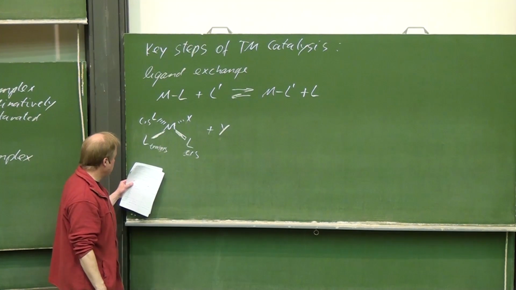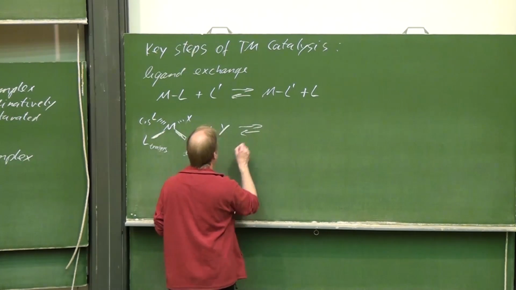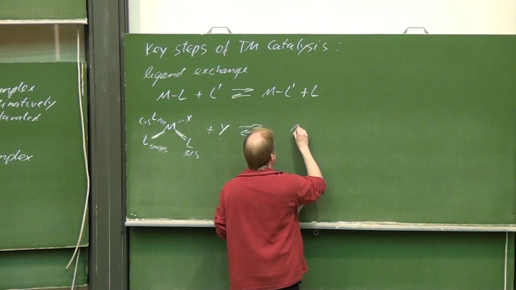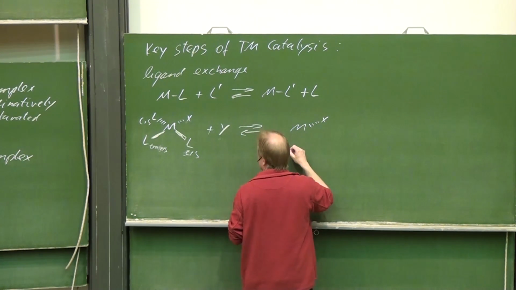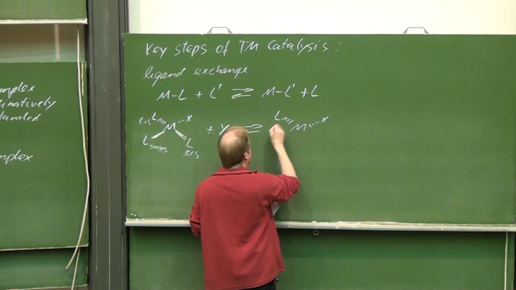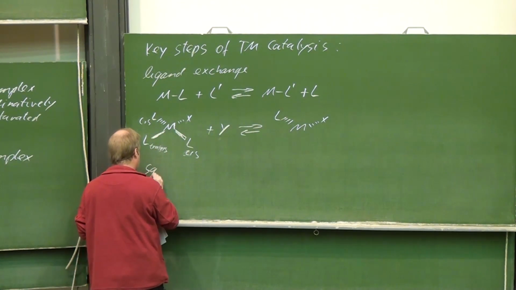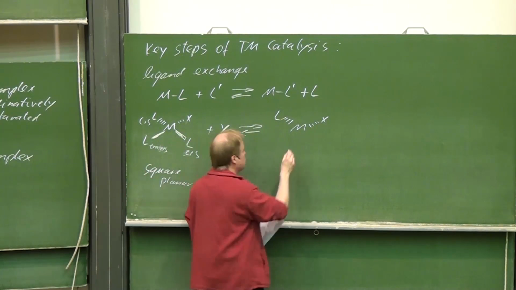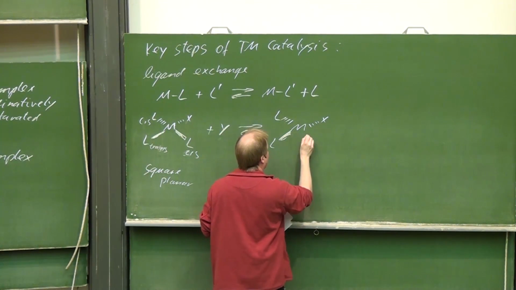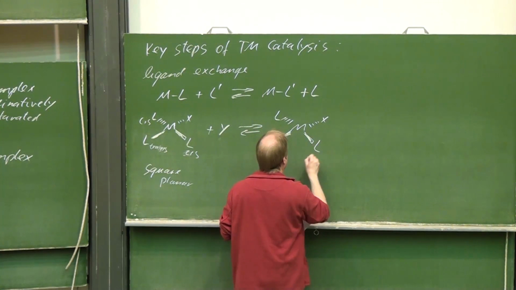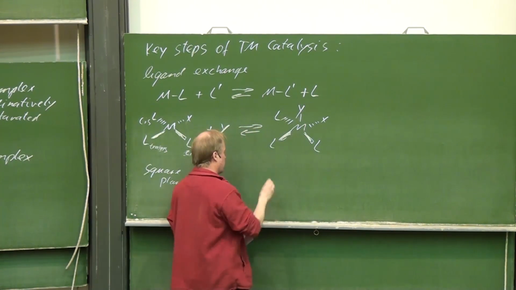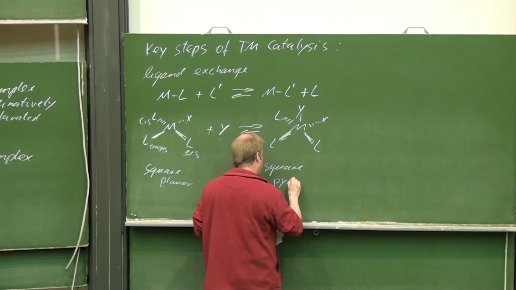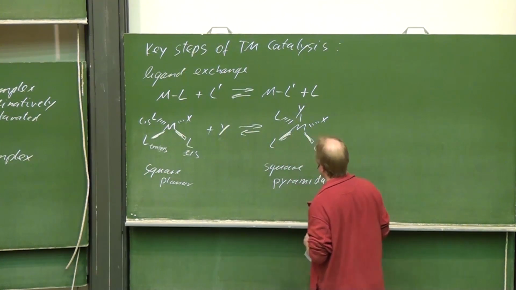So, should be nucleophilic. This is coordinatively unsaturated, and then it just adds in. So, from a geometry which is square planar, we will get to a situation of a square pyramidal geometry.